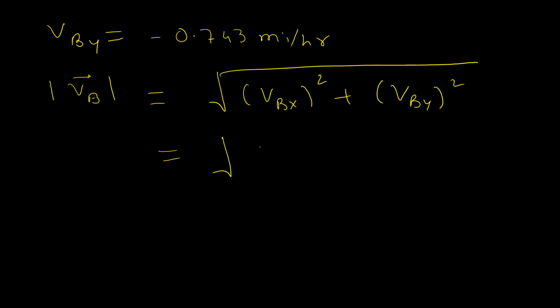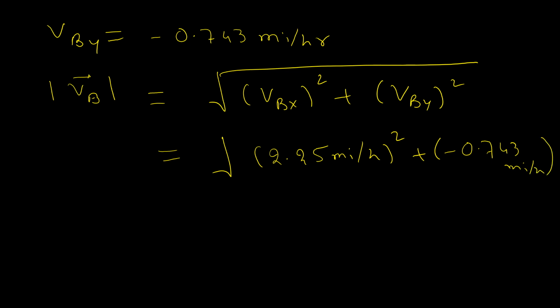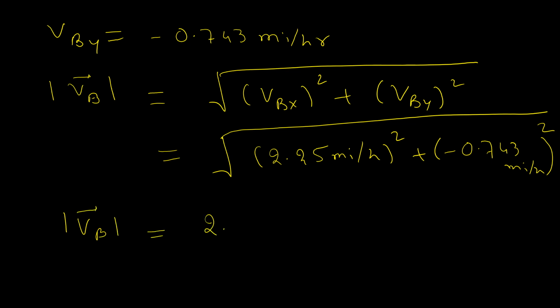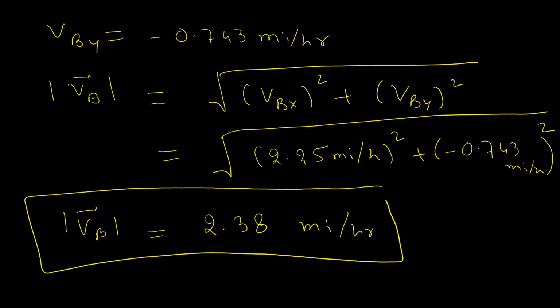It's going to be 2.27 miles per hour squared, plus negative 0.743 miles per hour squared, and the magnitude of velocity at the bank will come out to be 2.38 miles per hour. Thank you.